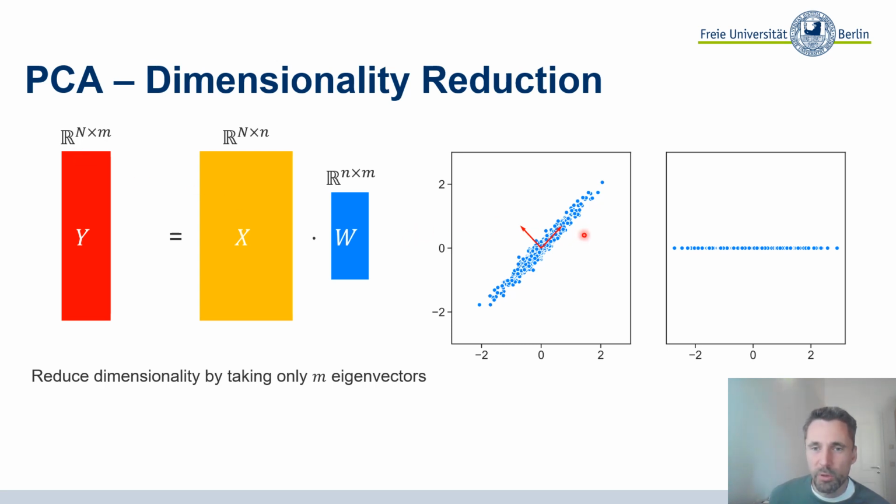So for example, we just take one of these components and we can reduce a two-dimensional coordinate to only one dimension. So these vectors are really only scalar values, or if you had a 1 million dimensional space, you can reduce it to 10 dimensions and so on.